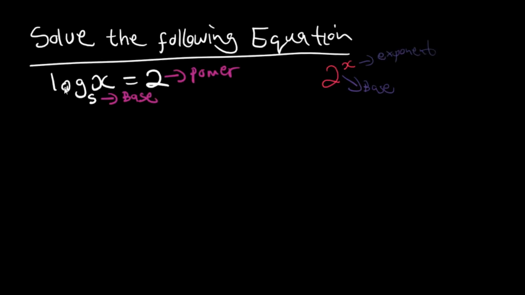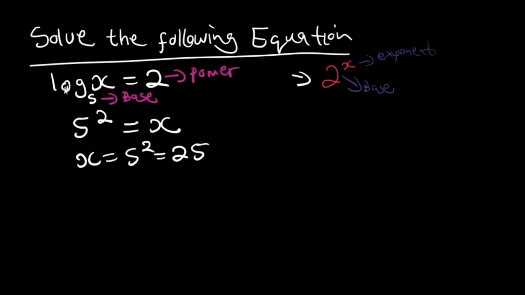So the same thing here. Because your 5 is your base, you're going to write 5 in this format here, and then your power is your 2, so you're going to write 2 and then it's going to be equals to the x. Now x equals 5 to the power 2, so 5 to the power 2 gives you 25, so your answer is 25. So this will be your solution for x.